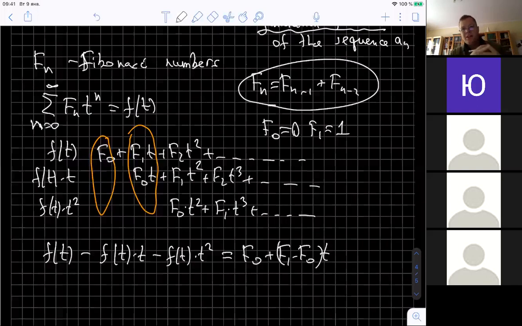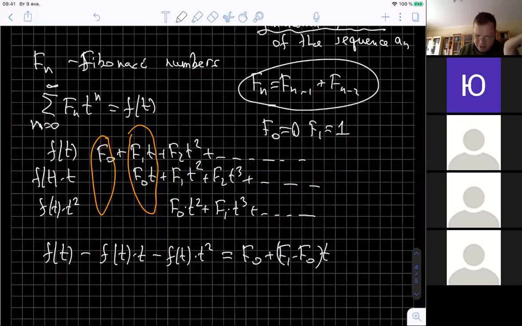I usually start from 0, so I think we can start from 0. But this is not much difference because we can shift the generating function by t, and if you calculate the formula for this one, we can find the formula for the other one. So it's not that hard. We can just multiply it by t or just forget about t.